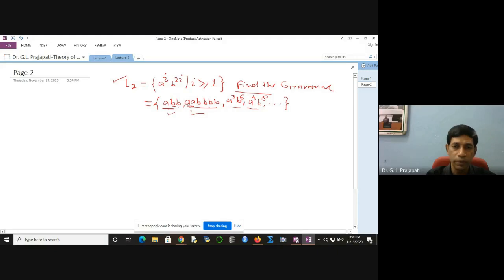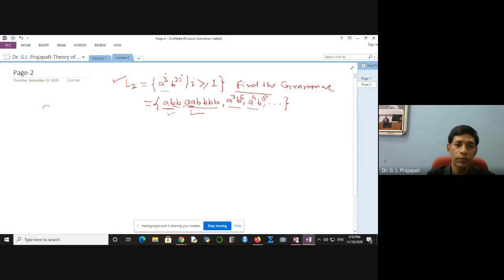If you consider every string in this language, the number of b's is twice the number of a's, and all the a's must come before all the b's. So this is the unique property of this language, and by observing such a property, you need to construct the grammar.